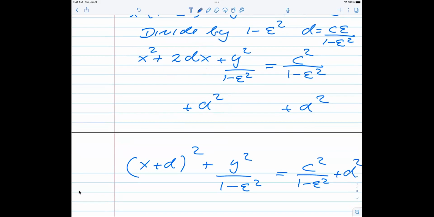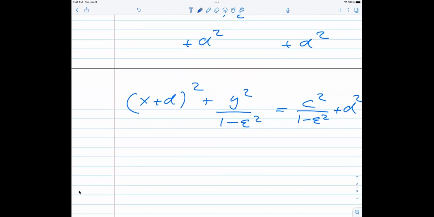Now, it doesn't look as if we have gained much, but now we are going to do a further manipulation, and we are going to define a new constant, which we simply call a squared, which is now given by c squared divided by 1 minus epsilon squared, and now this is also squared.